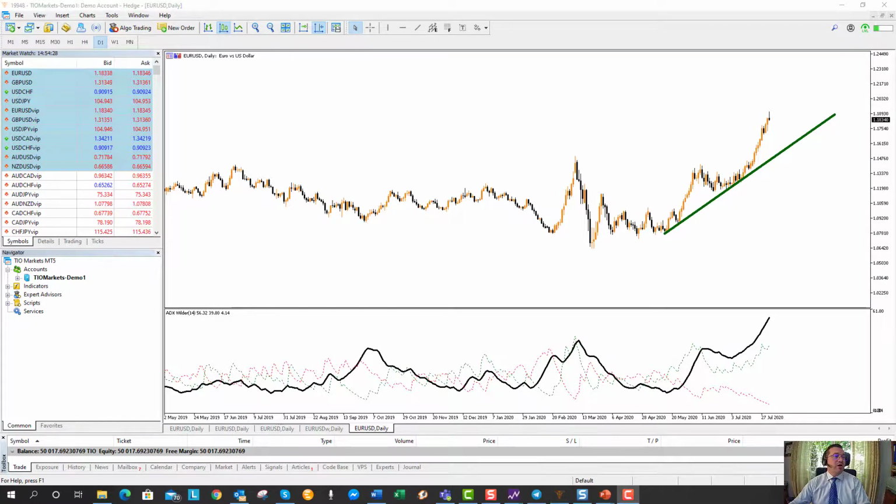At the same time, what do we notice here? A cross. You've got the positive crossing above the negative, and we've got that uptrend where we are right now.